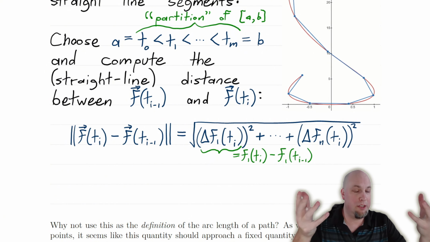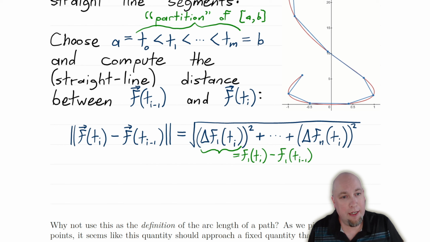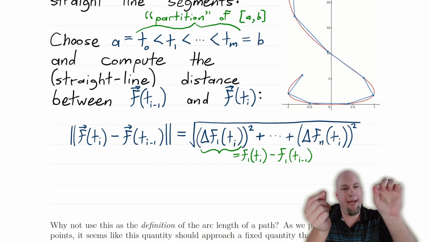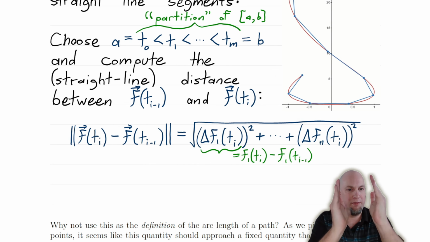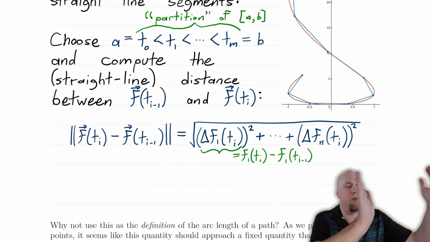If this is a two-dimensional path, a path going into R^2, like in our picture, then this would be: how far has the x coordinate changed on that ith subinterval? Then you do the same thing for f_2, a plus term for f_2, and a plus term for f_3, and so on up to however many coordinates you have.